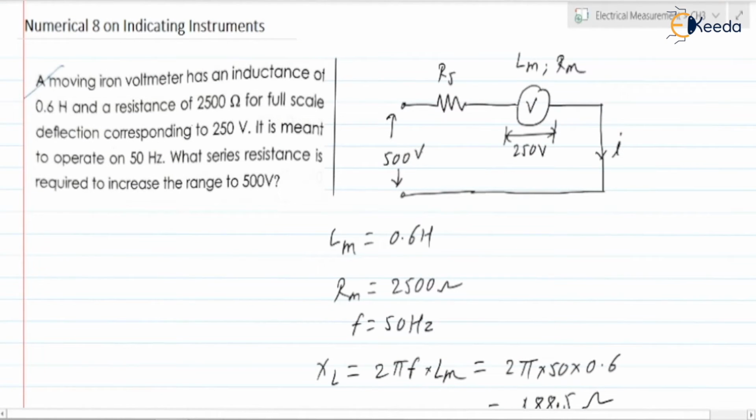Now the extended range is 500 volt. We know the current. Now can we find RS? Yes, we can.